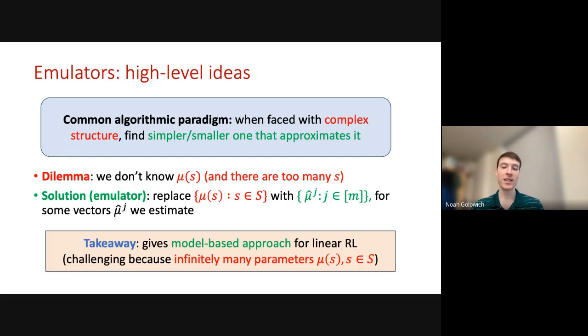And of course, the number of states may be exponentially larger or infinite. What we're doing here is essentially approximating this model, the set of all mu of s, by some smaller set. And that's why I call this a model-based procedure.